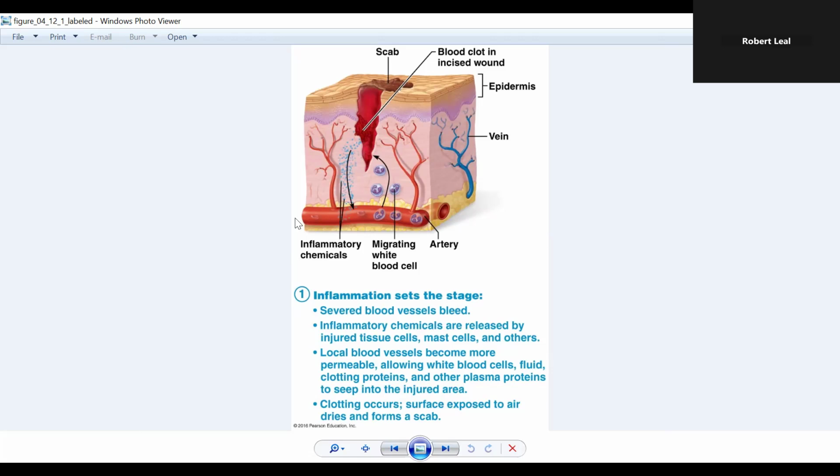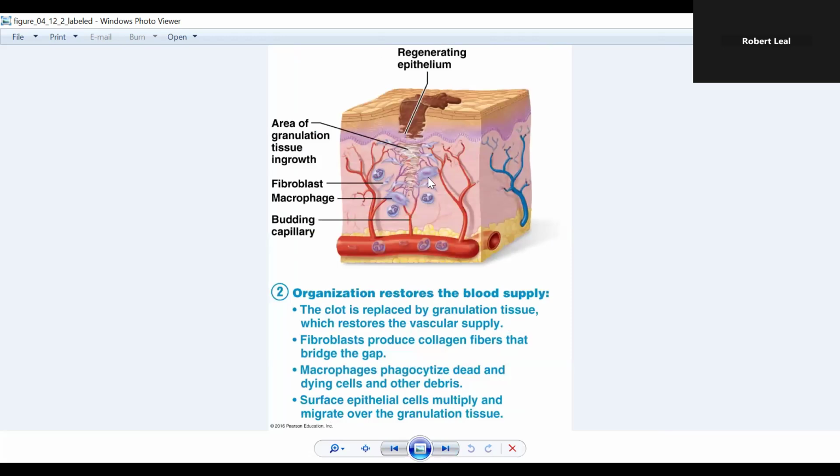When they leak, the flow within the vessel slows down. That'll allow for white blood cells to get out and do their job. They'll be attracted to the chemicals to where they're needed. So therefore, if there's anything foreign, hopefully they get rid of it. Let's say the white blood cells get rid of anything foreign.